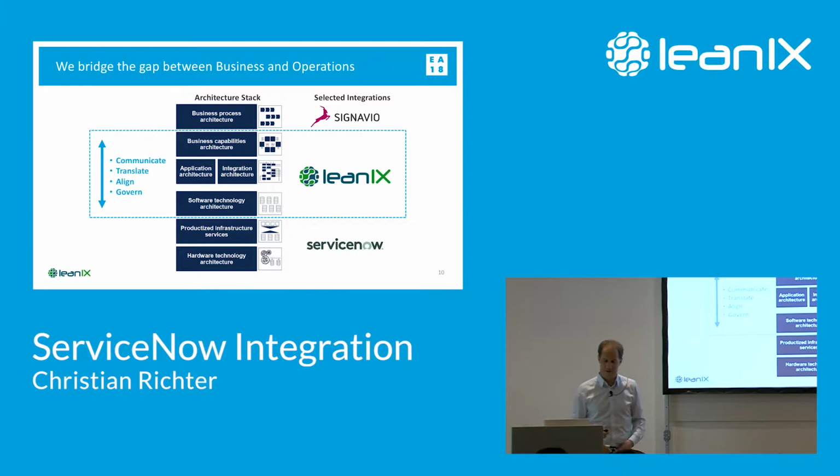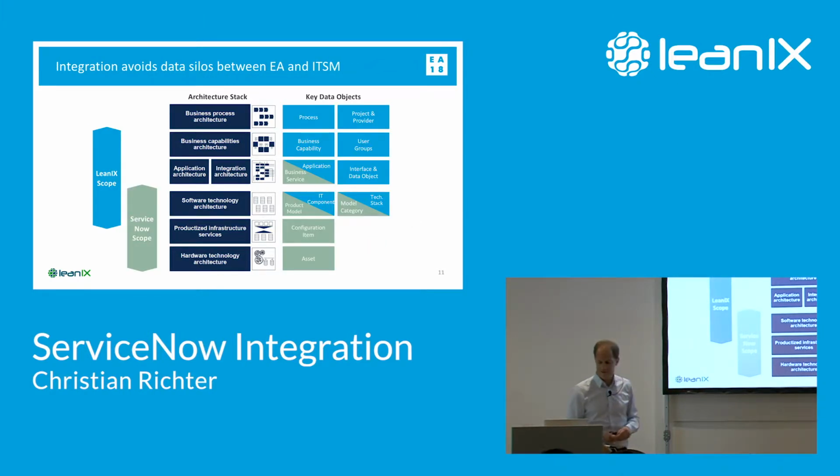So going a bit deeper, still taking the architecture stack as a reference, we are now talking about scopes. I'm not sure if you're all familiar with our fact sheet types. Those are the blue ones, and the green ones are abstracted table names in ServiceNow.